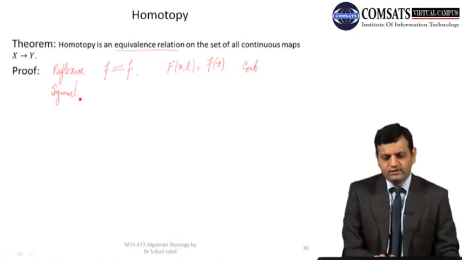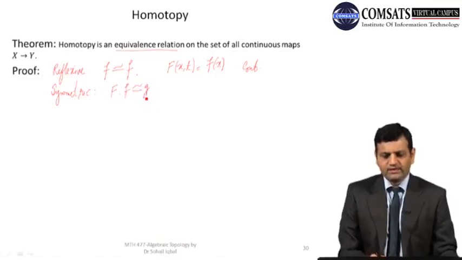It is symmetric because if we have a homotopy F from f to g, now we want to show that if f is homotopic to g, then there is a homotopy from g to f as well. So let's define a homotopy G(x,t) which is equal to F(x,1-t).